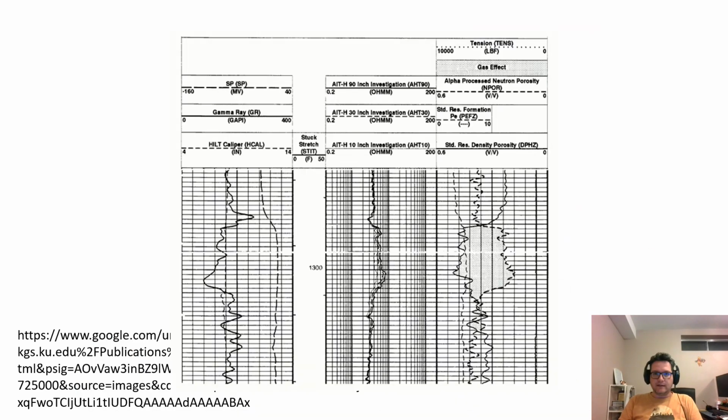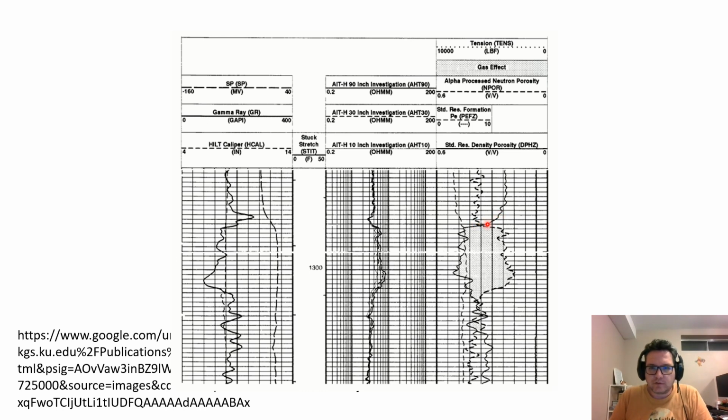And we can see that in this log that I showed you before, so we could make the readings for the resistivity. We have the neutron porosity log, which is this dashed one, and we have the density porosity log, which is the solid line one. So when we have gas, they separate.